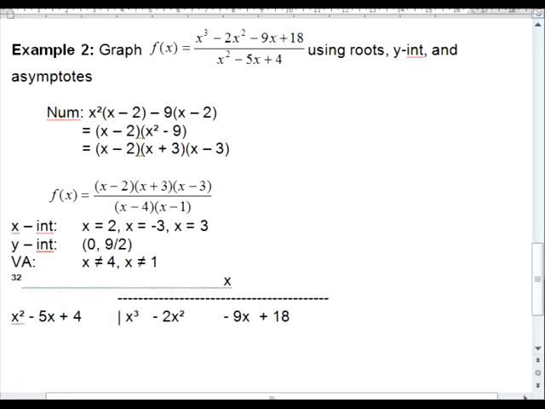Alright, so going down here, I'm going to say minus bracket x cubed, x times negative 5 is minus 5x squared, and 4 times x is plus 4x.